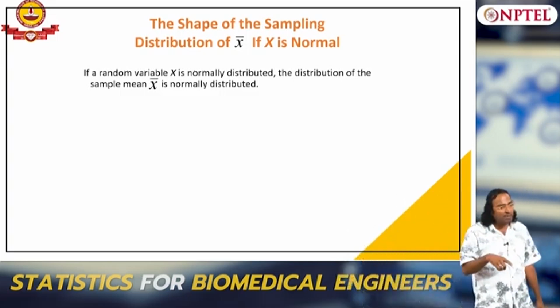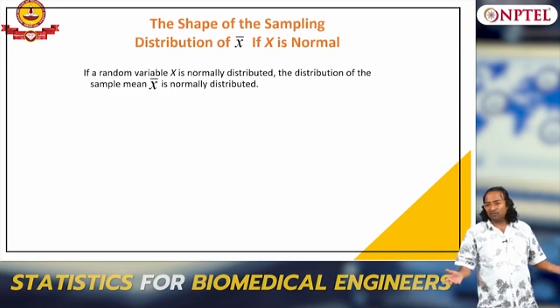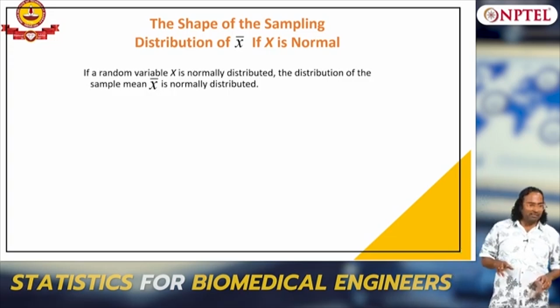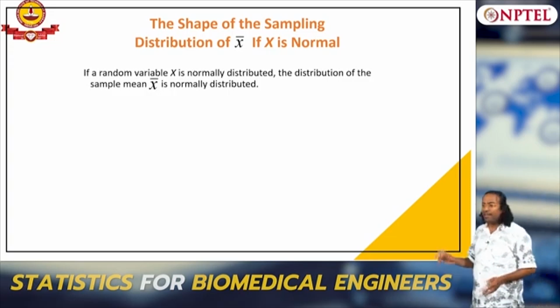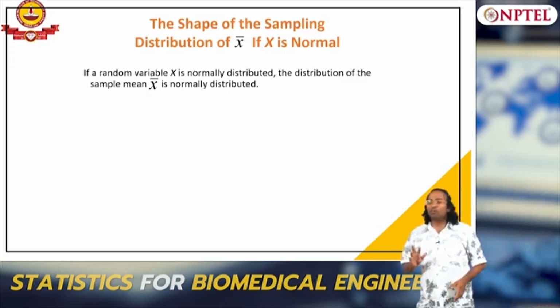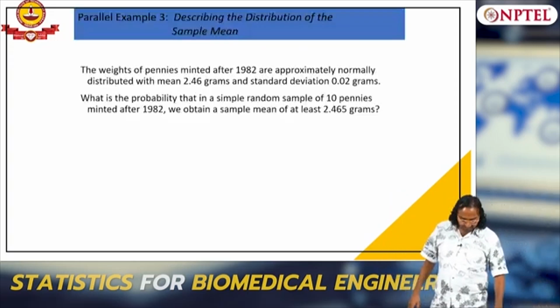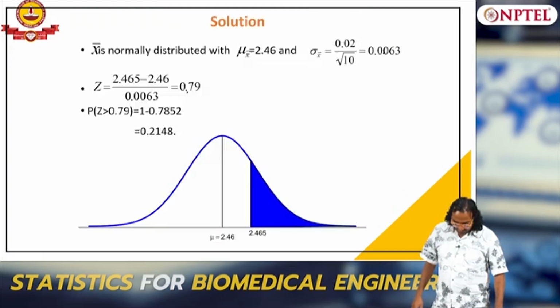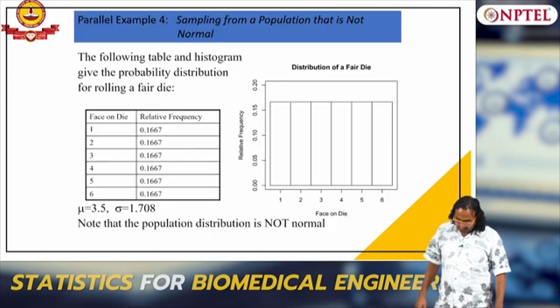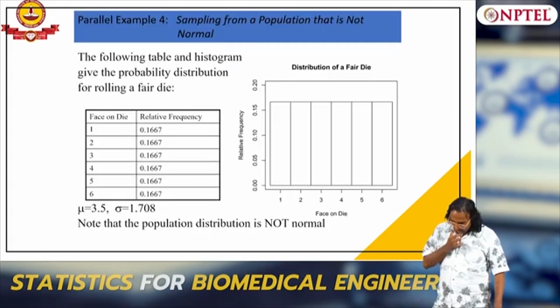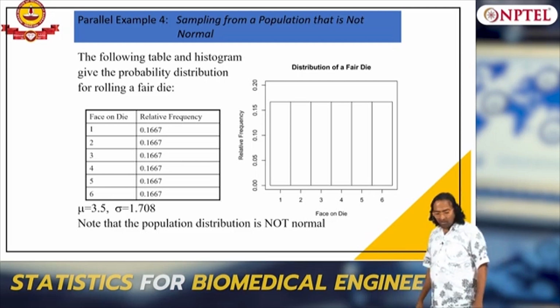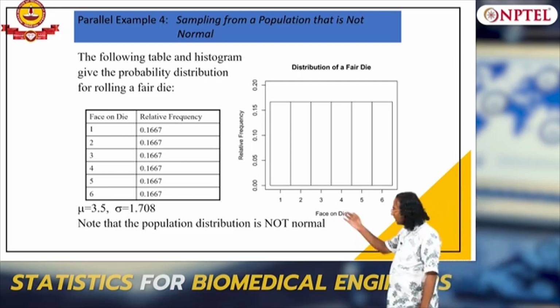If x is normal, then x bar is guaranteed normal, but even otherwise, if n is greater than 30, x bar is normal, provided it is IID. So, sampling from a population that is not normal, I will show you.